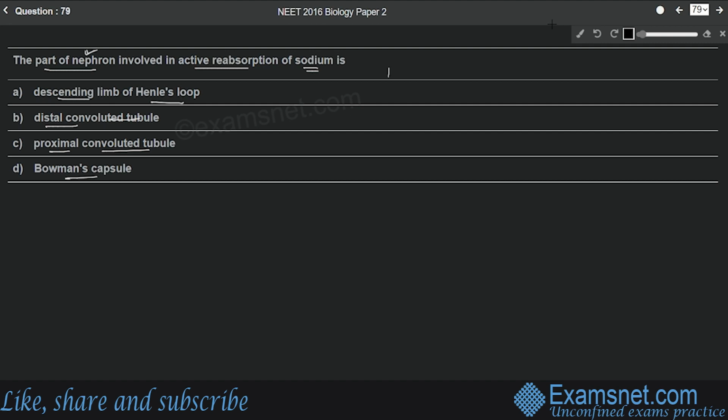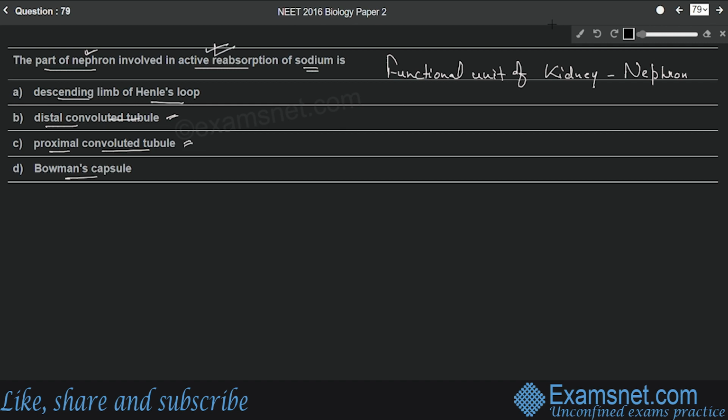It is the functional unit of kidney. It has different parts such as Bowman's capsule, DCT or distal convoluted tubule, PCT or proximal convoluted tubule, and Henle's loop.